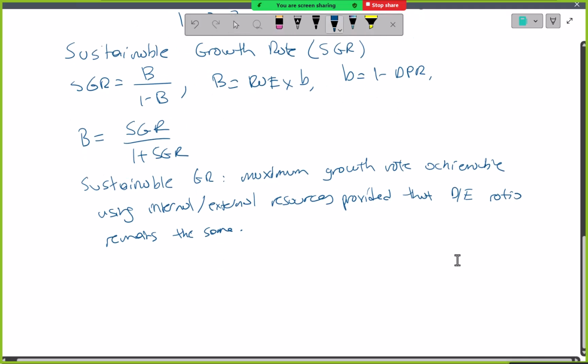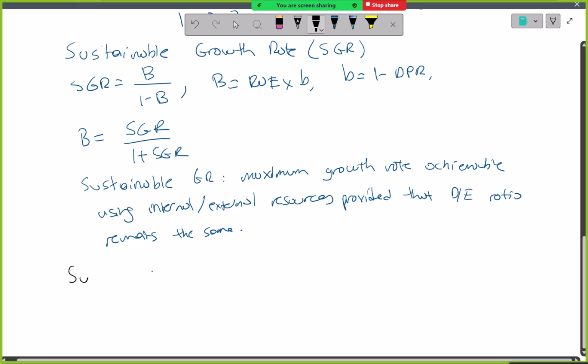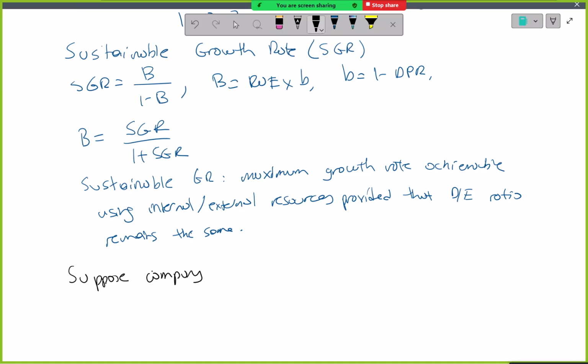Suppose, switch to black. Suppose a company wants a sustainable growth rate of 10%, and that ROE equals, actually, let me ask you differently.